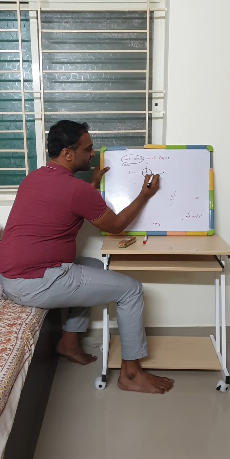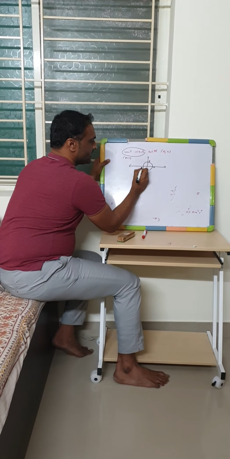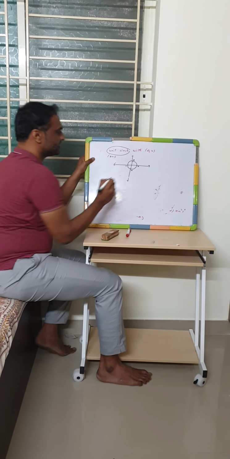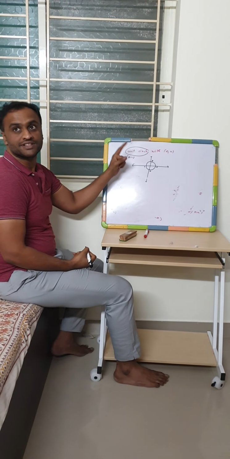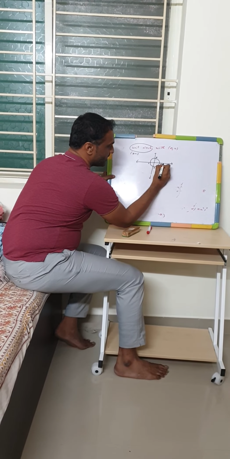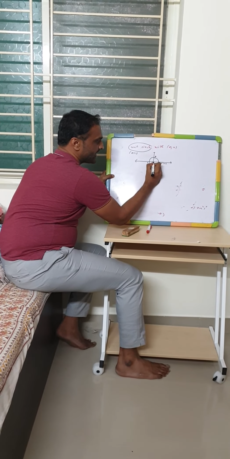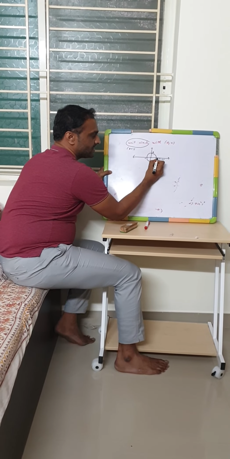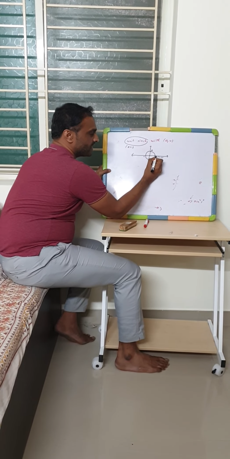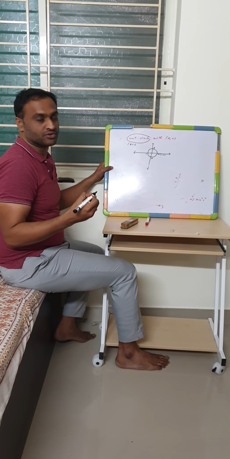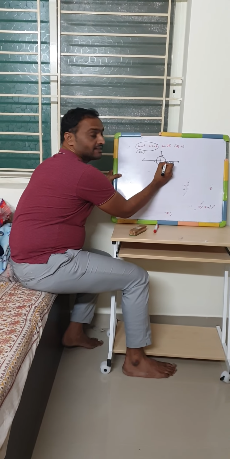Let these points be A, B, C, D, right? Since this is a unit circle, the coordinates of A are 1, 0. It means the distance from A to the y-axis is 1 and the distance from A to the x-axis is 0, since A lies on the x-axis itself.